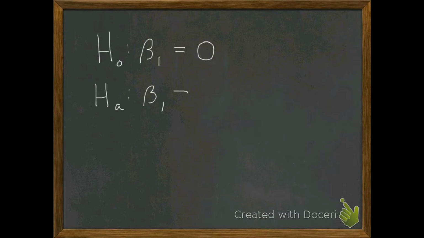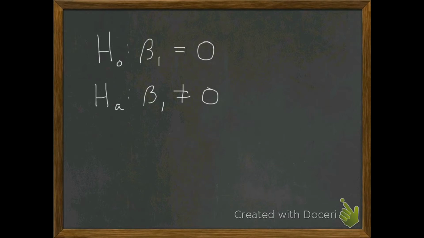So guys, the null hypothesis assumes, unless there's evidence from our data to indicate otherwise, that the slope of the model is equal to 0.